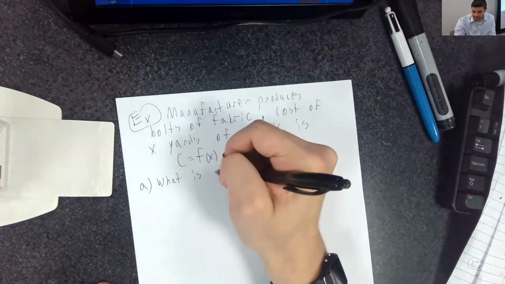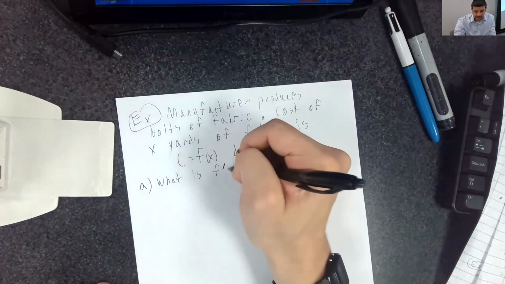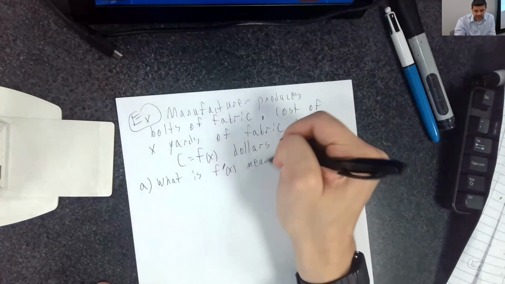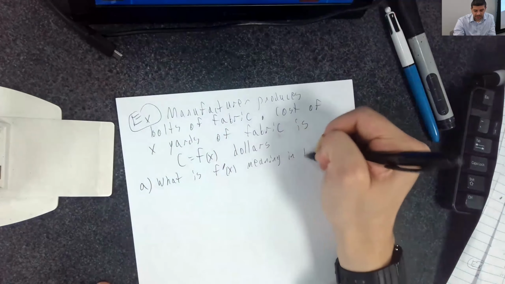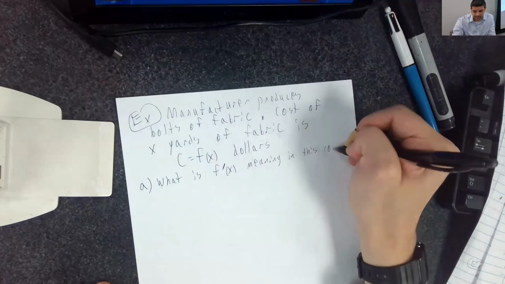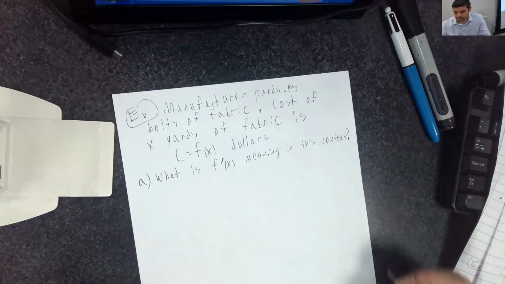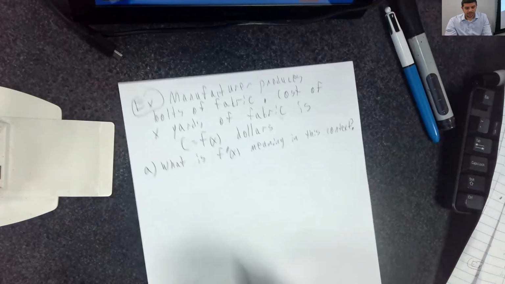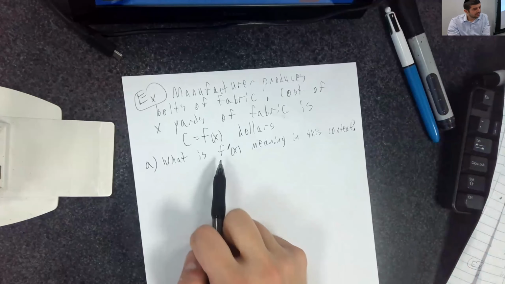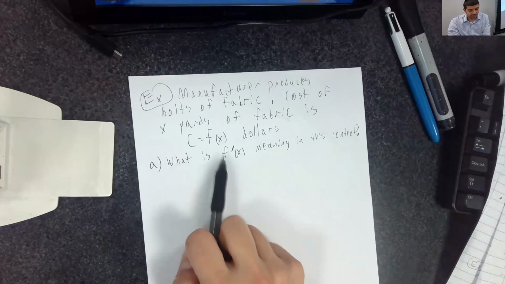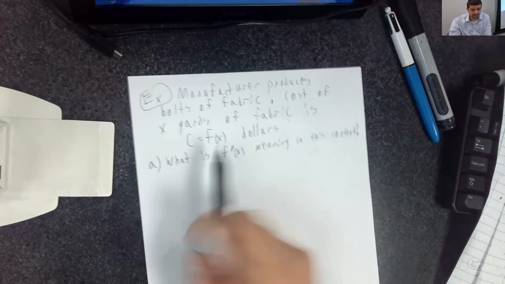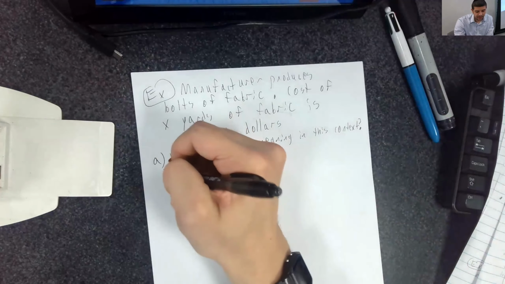What is f prime of x meaning in this context? Okay, well, it's delta y over delta x, right? So f is being measured in dollars, right? So what is it telling you?